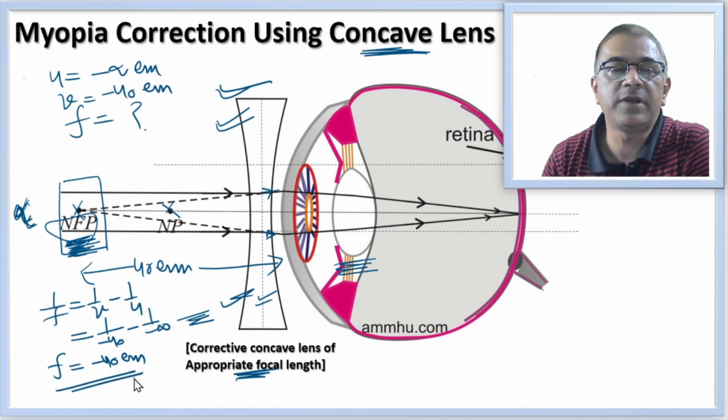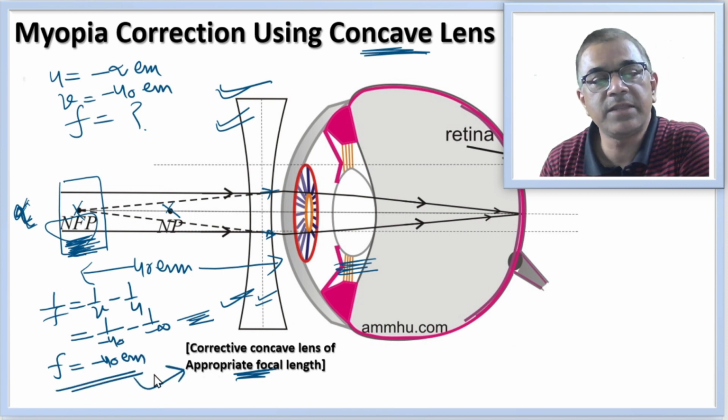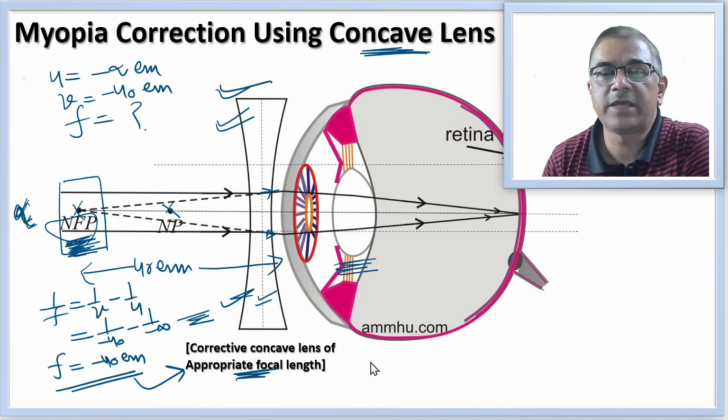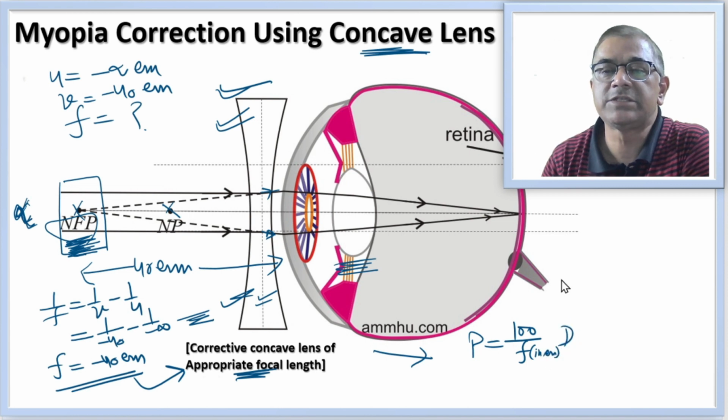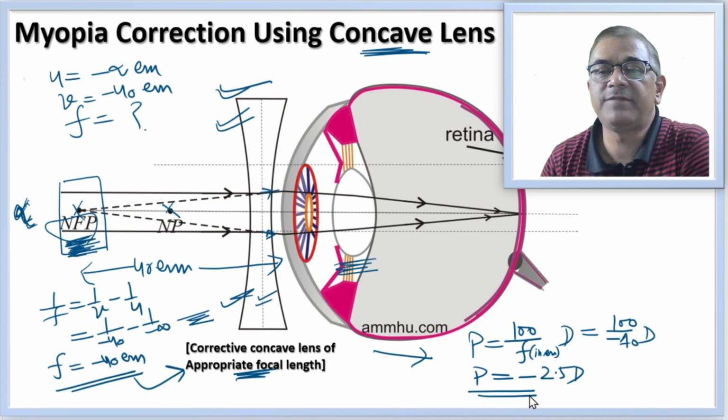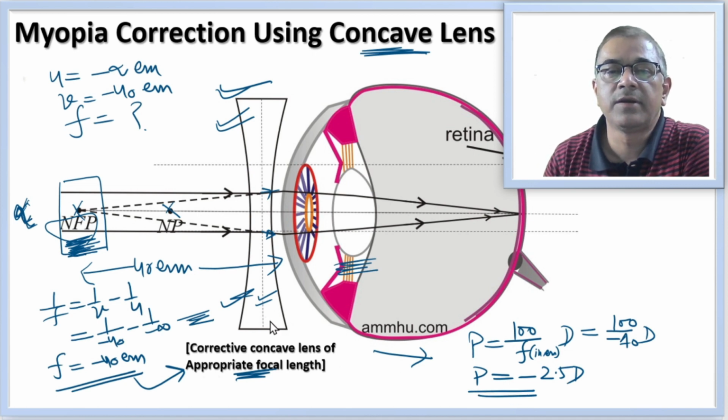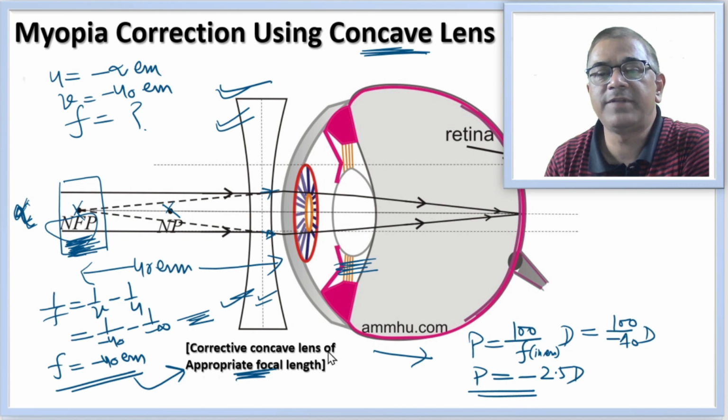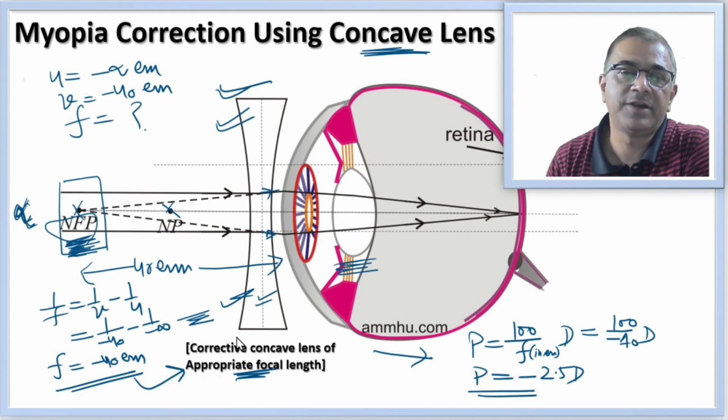The power of this corrective lens is equal to 100 by f in centimeter, and the unit is diopter. Substituting the value, this is 100 divided by minus 40 diopter, which equals minus 2.5 diopter. So the power of the corrective lens I should be using is minus 2.5 diopter.